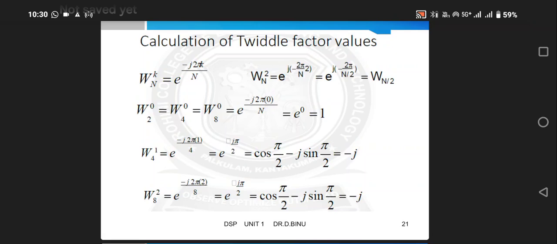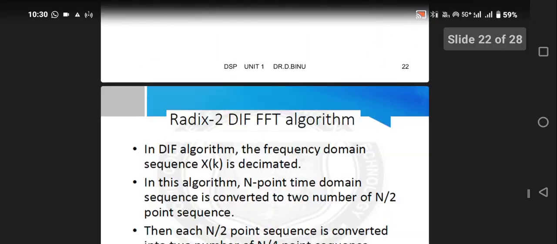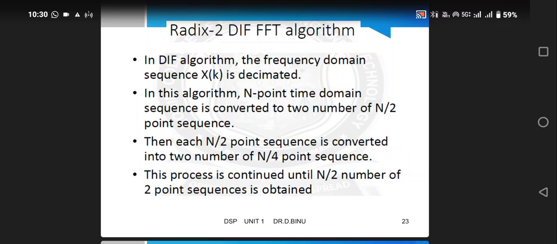Radix 2 DIF FFT algorithm. In the DIF algorithm, the frequency domain sequence X of k is decimated. In this algorithm, the N-point time domain sequence is converted to two N by 2 point sequences. Then each N by 2 point sequence is converted into two N by 4 point sequences.